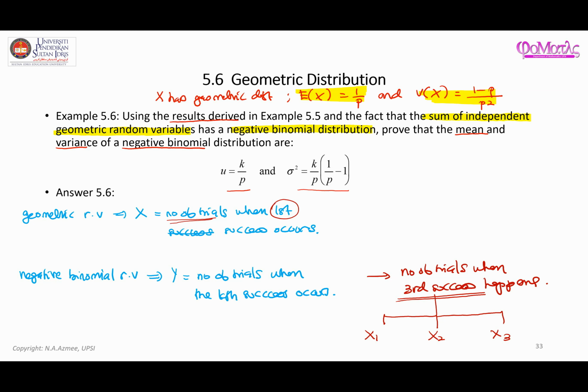So if you are interested in Y, the number of trials when the third success happens, this is a negative binomial random variable. It is the same as looking at three different geometric random variables, each representing a different first success.